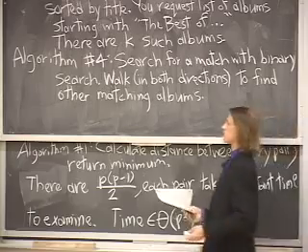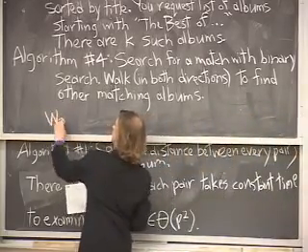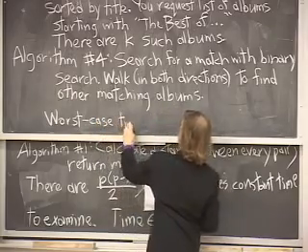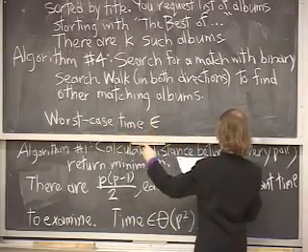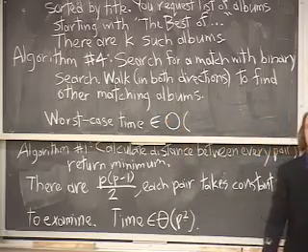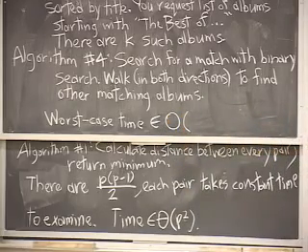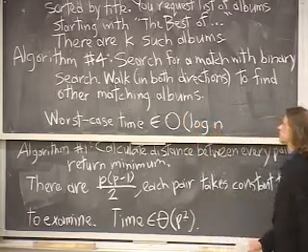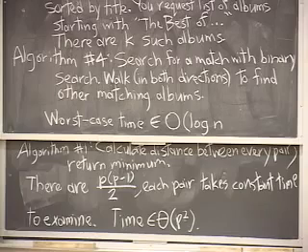So the worst case running time of this, well, we know that binary search is never slower than log n time. So that's a good start. It takes at most log n time to do the search.